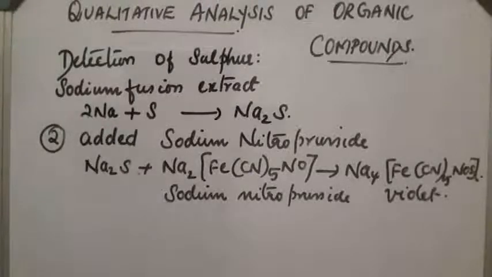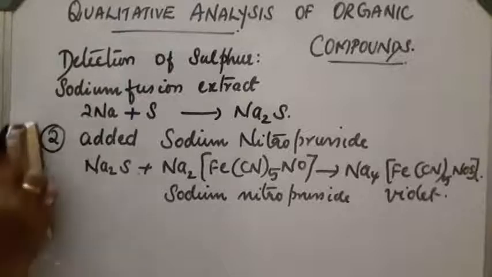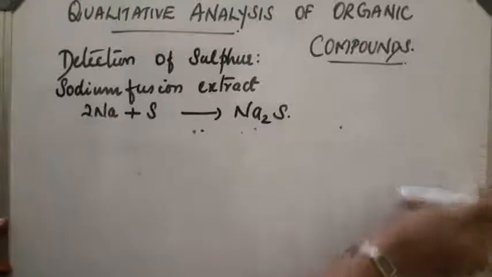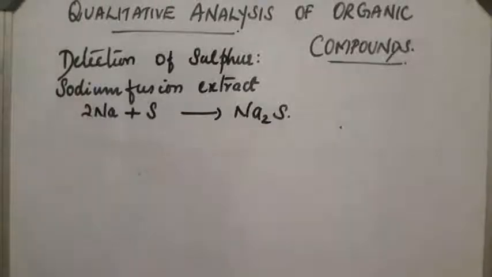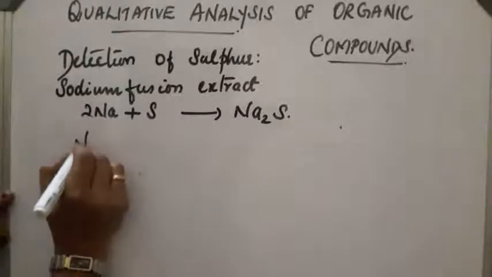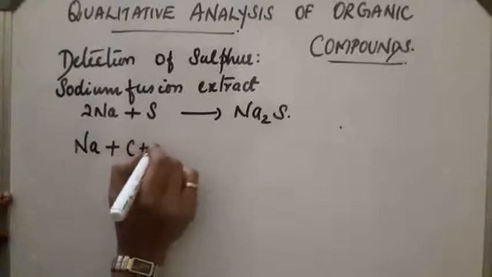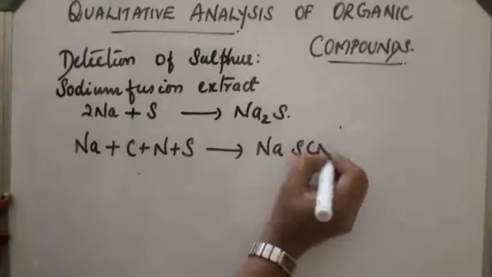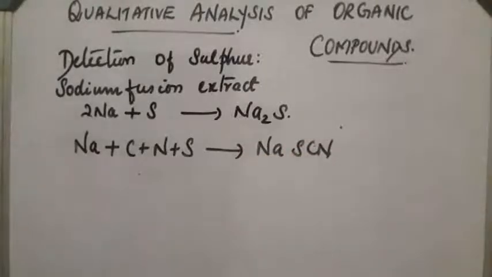Now, if nitrogen is also present, the reaction will take place in another manner. During the preparation of the sodium fusion extract, nitrogen and sulfur get converted into thiocyanate: Na plus C plus N plus S gives NaSCN, so the ion will be SCN minus.